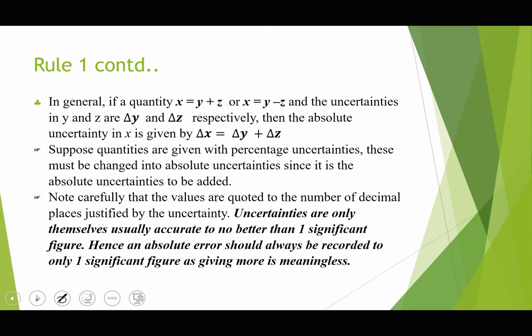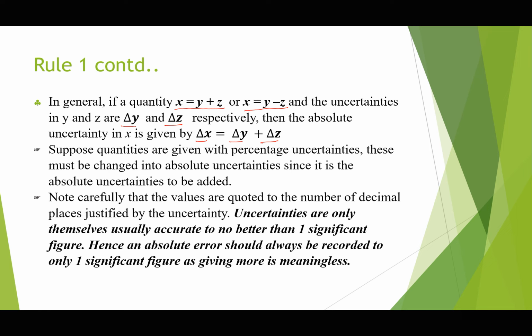So in general, we have seen that if a quantity x is defined as y plus z, or x is defined as y minus z, and the uncertainties given are absolute uncertainties, then the absolute uncertainty in x is simply the sum of the absolute uncertainties of each of these quantities.